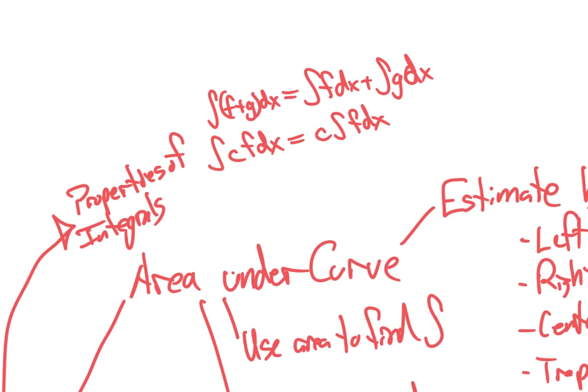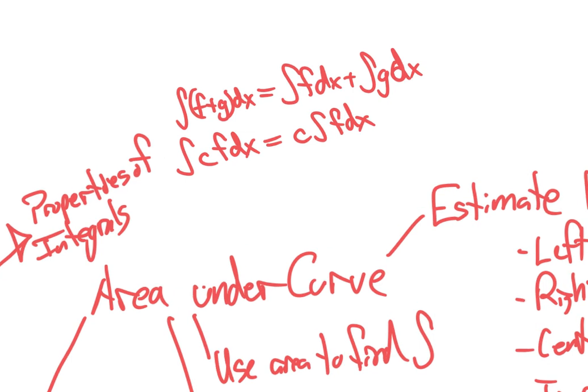And I think we've used these enough that we're fairly comfortable with that. One that I want to list is if you have the integral from a to b of f of x dx and you switch it from b to a of f of x dx, then it gets a negative.